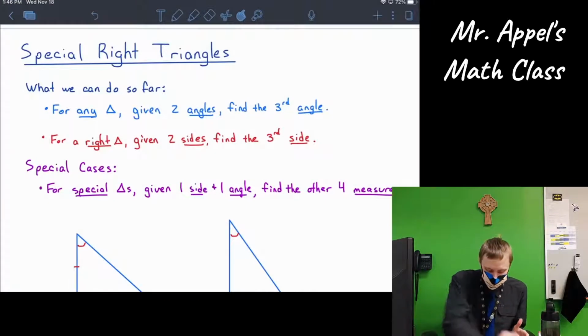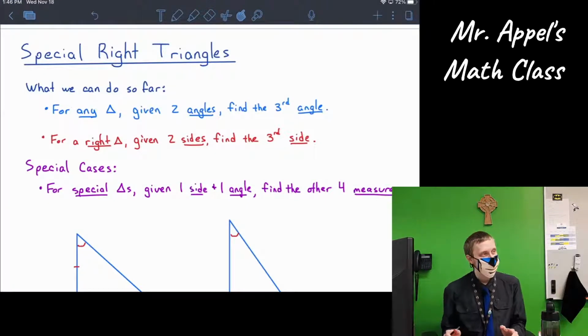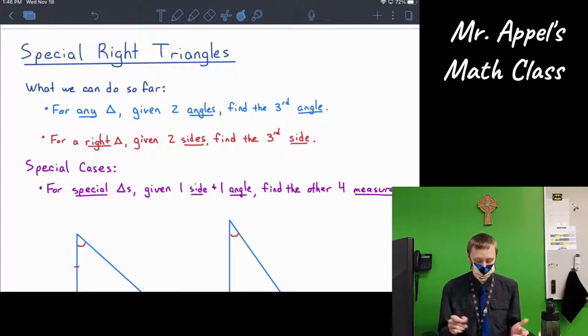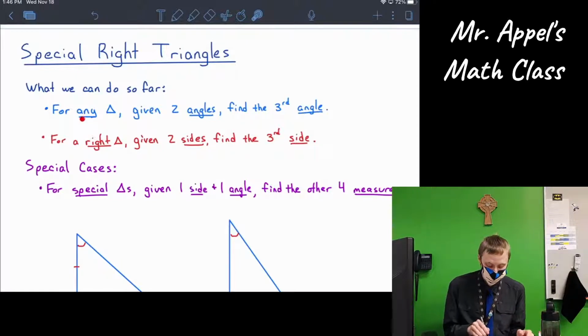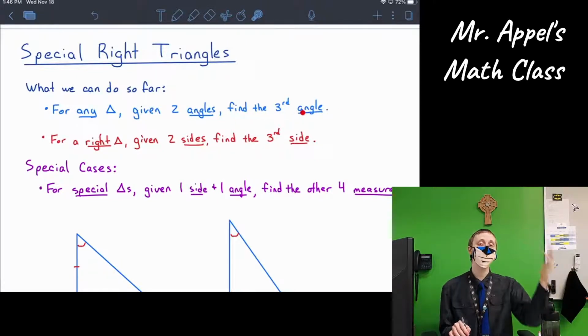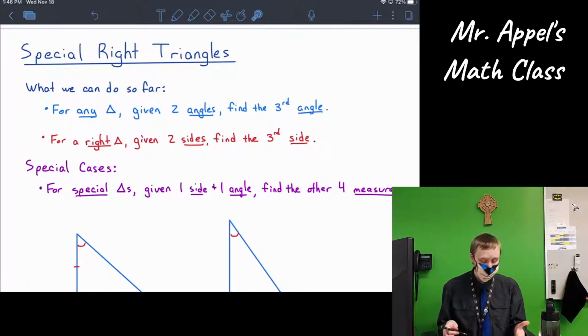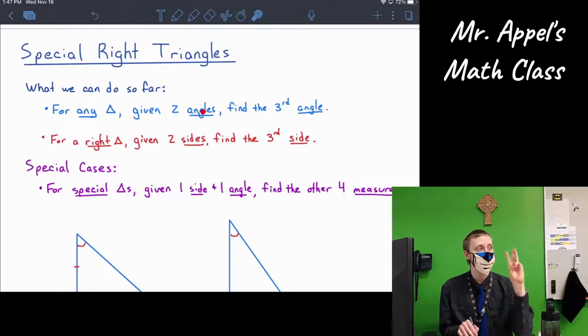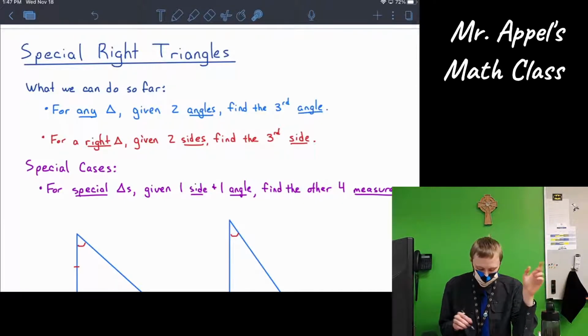The special right triangles. To put this into context, remember the triangle sum. All three angles add up to 180 degrees. So for any triangle, if you were given two angles, you can find the third. Good enough, right?